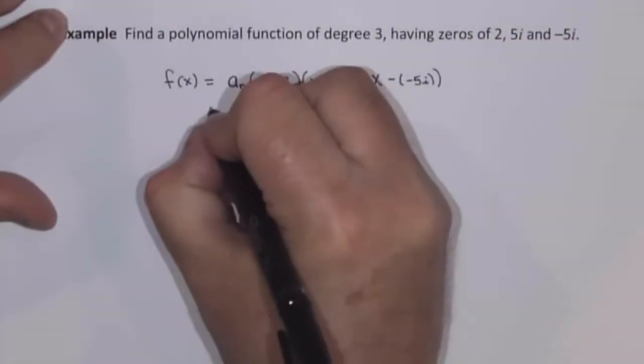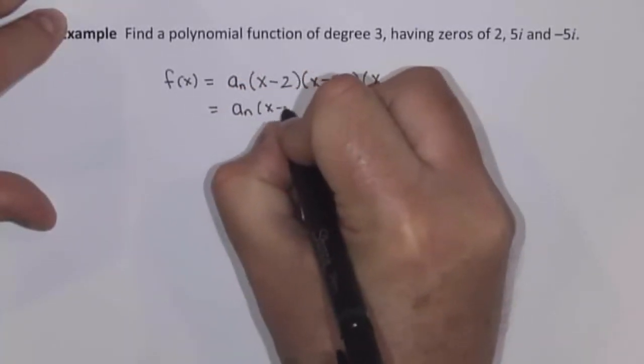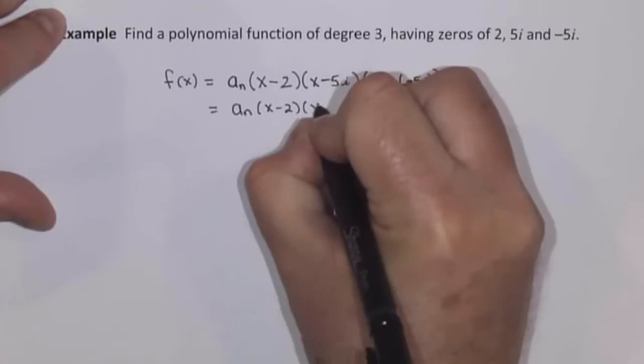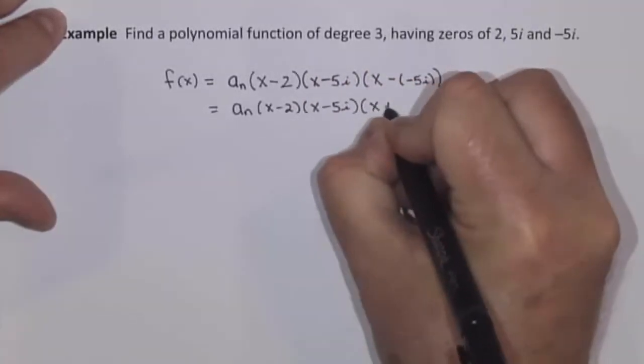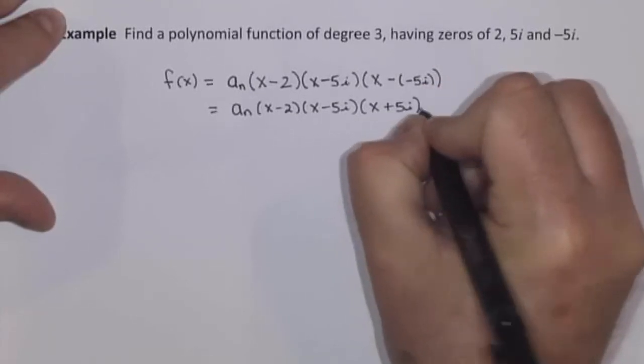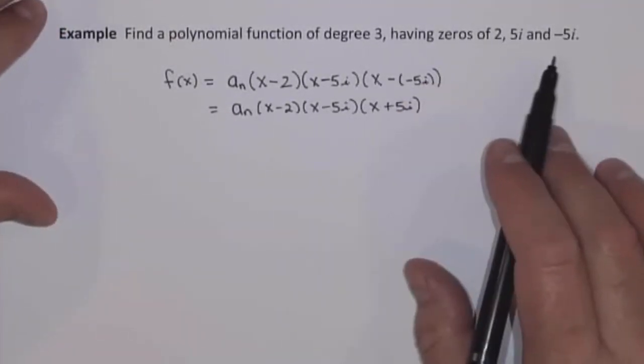Okay, so that's going to be some constant, a sub n, times x minus 2 times x minus 5i and x plus 5i. So this will be a polynomial function of degree 3 that has these zeros.